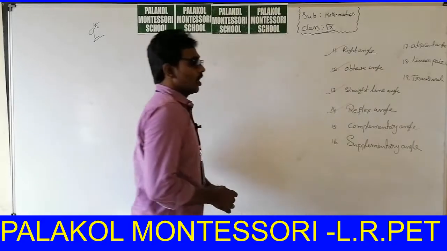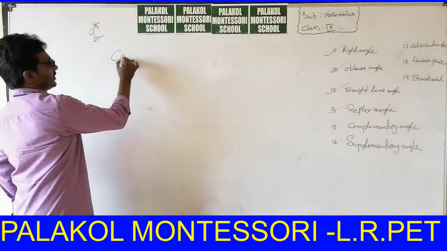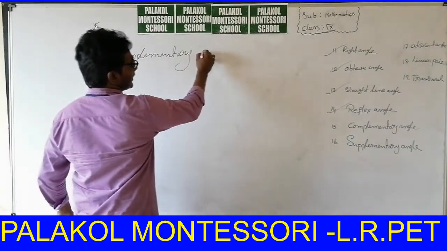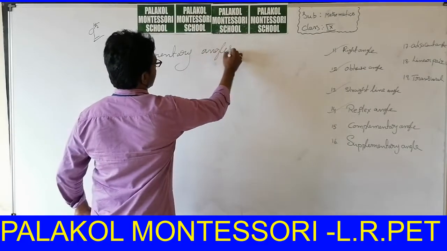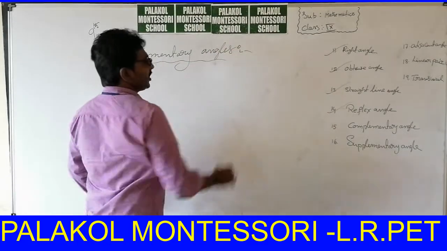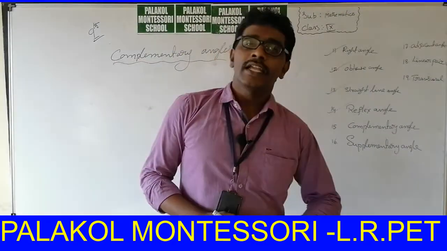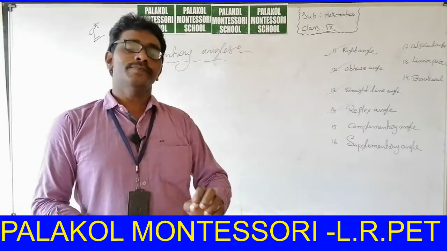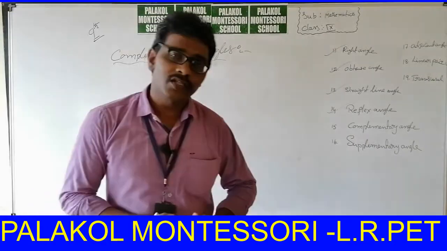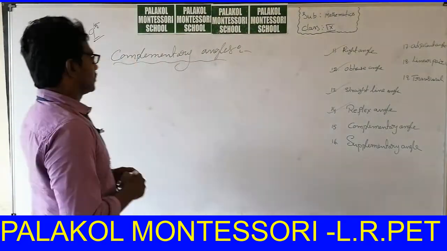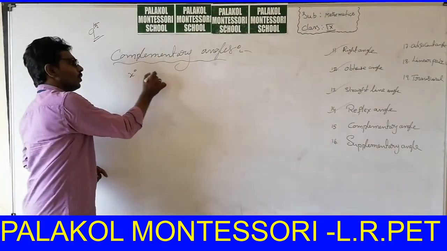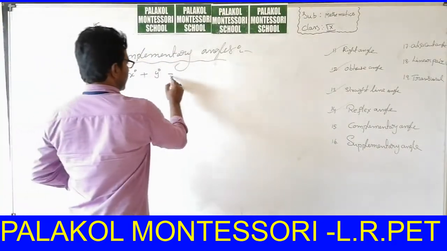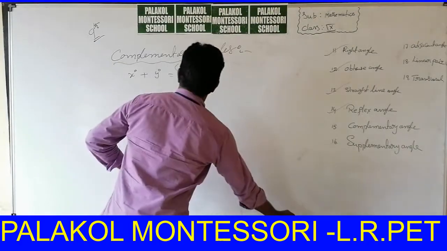Alright guys, complementary angles. As you are learning, if the sum of any two angles is equal to 90 degrees, that type of angles are called complementary angles. Now I am taking x and y. The sum of these two angles, x degrees and y degrees, is equal to 90 degrees.